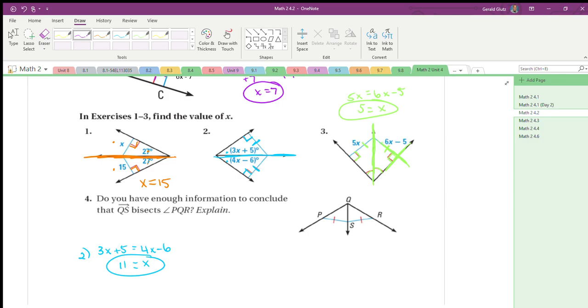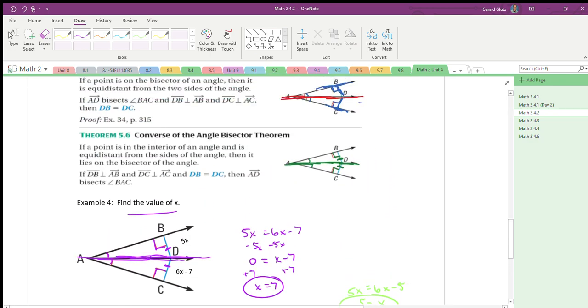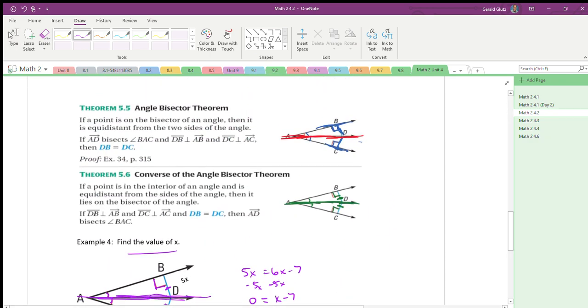And then finally on the last one, number 4, do you have enough information to conclude that QS bisects angle PQR? So I want to know if this is a bisector right here. Well, we know that these two segments are congruent, but we need at least one other piece of information, and we don't have another piece of information. If I go back up here, remember we always knew two things.